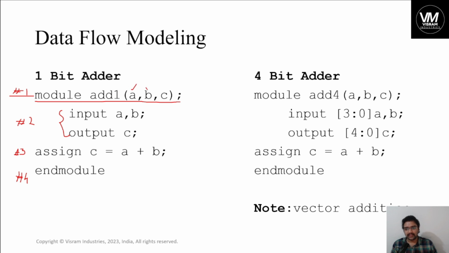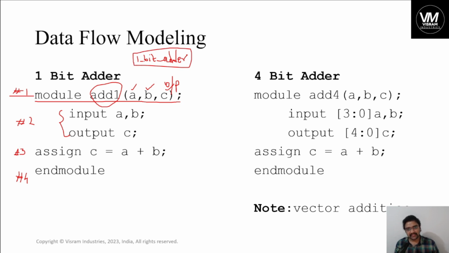So these are the inputs and output. I'll mention the output, and this is the name of the 1-bit adder. I have mentioned it this way. You can also write it as 1_bit_adder. Why do I mention underscore here? It is for ease of understanding.